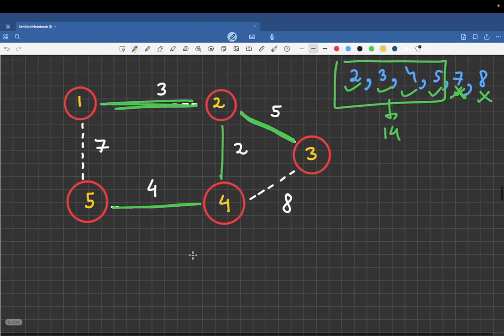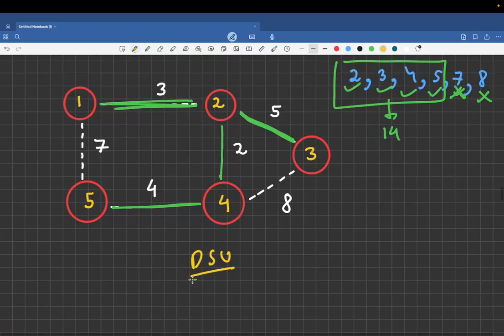For that we simply use DSU. Just tell me one thing. Let me explain with this particular example only. While we were taking the edge with weight 7, what led us to ensure that when we connect this particular edge, they will form a cycle?